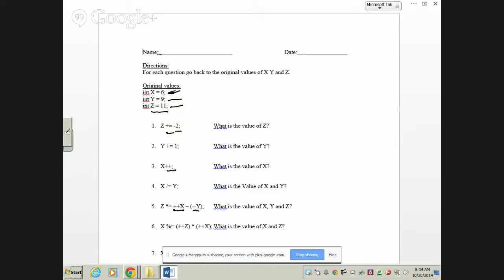When we have these prefix operators, the way these work is that we assign the new, incremented values to those variables before the assignment takes place. If they were postfix operators, we would assign those new values after the assignment takes place. So if we were to write this out, this would be equivalent to z equals z times, and that's plus plus x, so that's x plus 1 or 7, minus, and then we have minus minus y, so y minus 1 is 8.